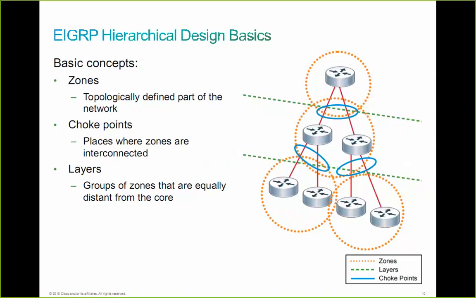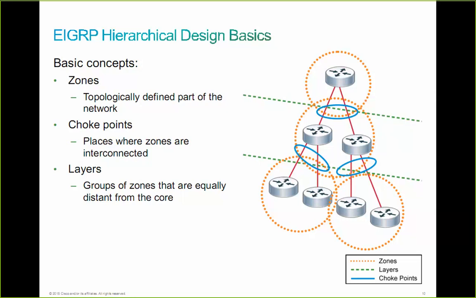A choke point, you can see the choke points are represented by the blue circle there, or the blue lines. Choke points are essentially where zones interconnect, right? Physical links that allow us to go from one zone of influence to another zone of influence. This is where route aggregation occurs through the use of summarization.